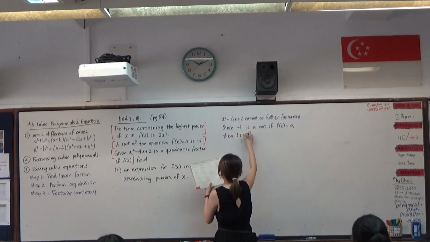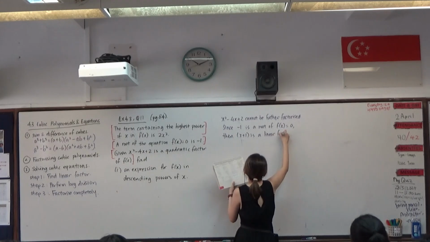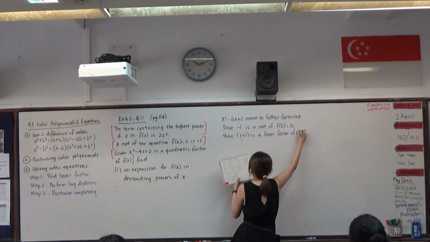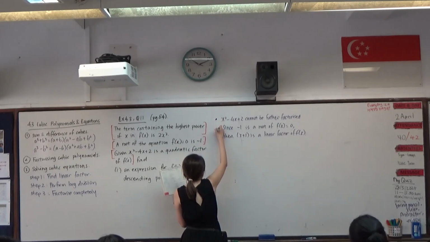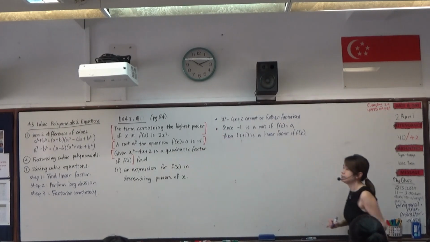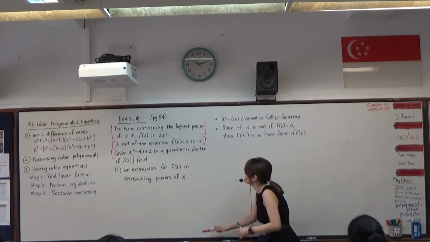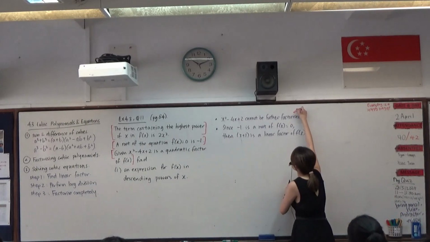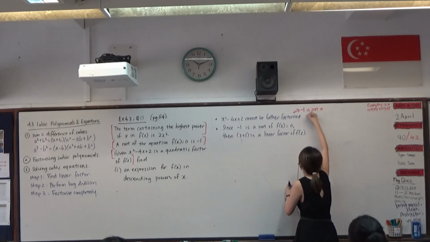Then x plus 1 is a linear factor of f(x). Okay, so we got point number 1 and point number 2 over here. So this was trying to imply to us that negative 1 is not a result of this factor.